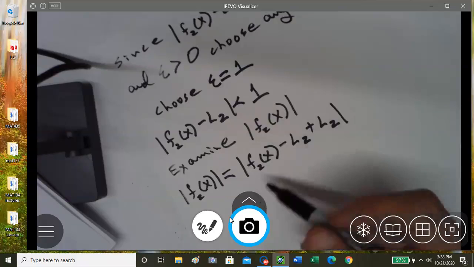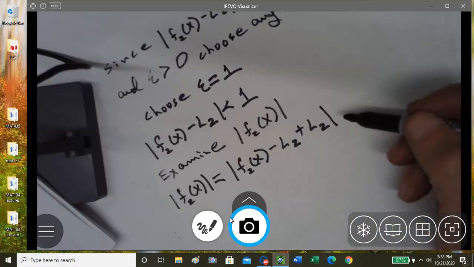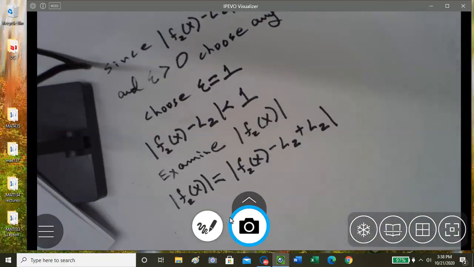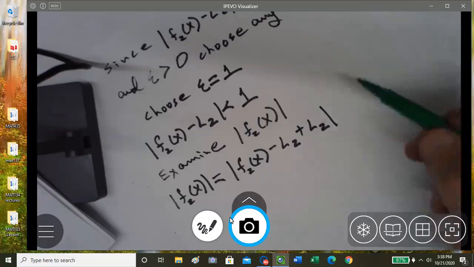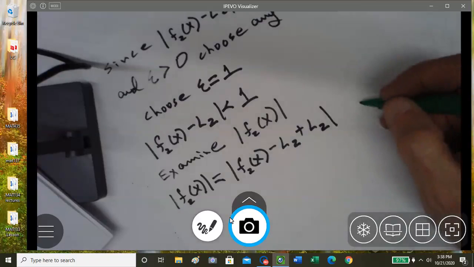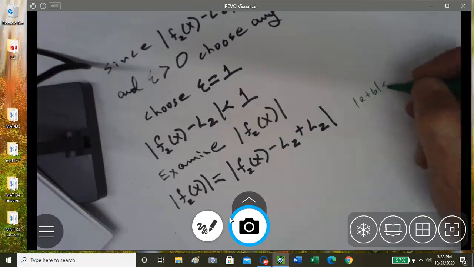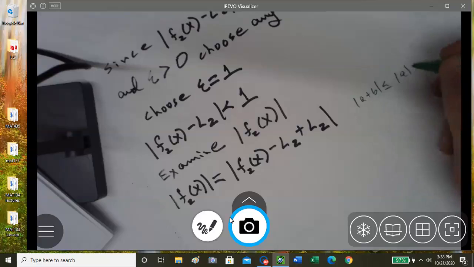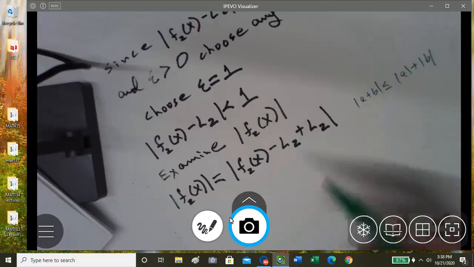Now, using the triangle inequality of absolute values, we said before that the absolute value of A plus B is less than or equal to the absolute value of A plus the absolute value of B. That's what we're doing here.